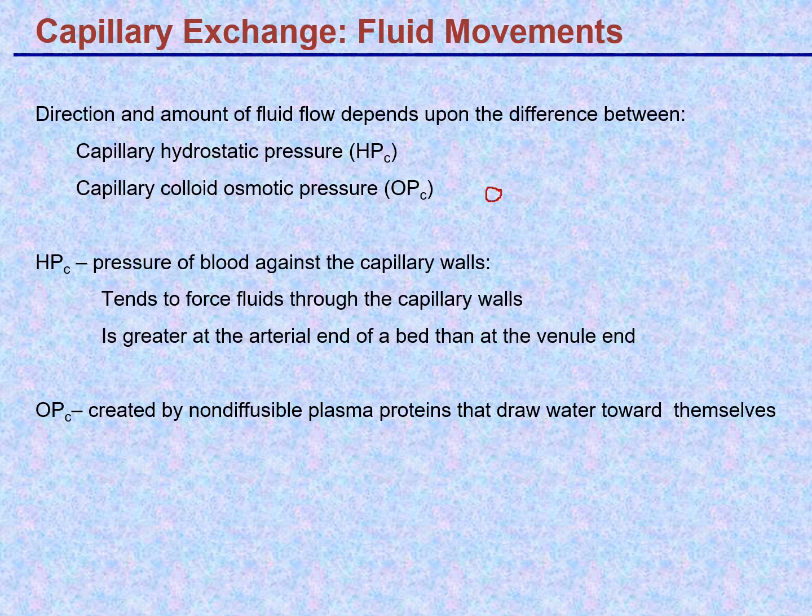Oncotic pressure means the same as colloid osmotic pressure. The oncotic pressure is created by non-diffusible plasma proteins that can't get out, but are able to pull water towards them by osmosis.